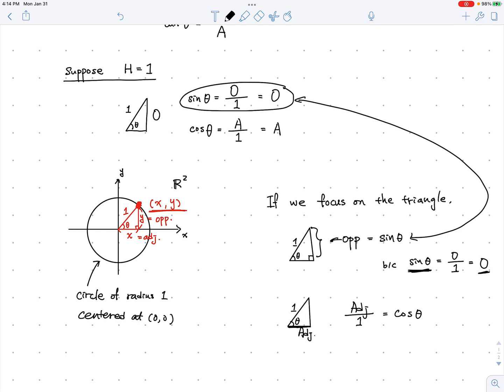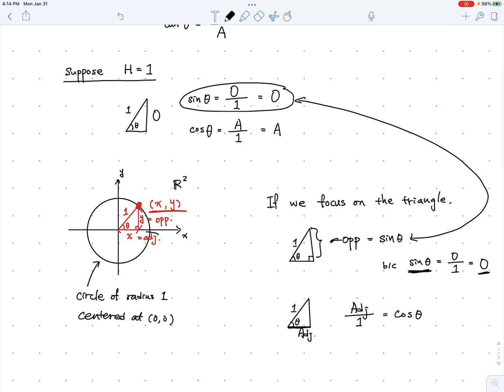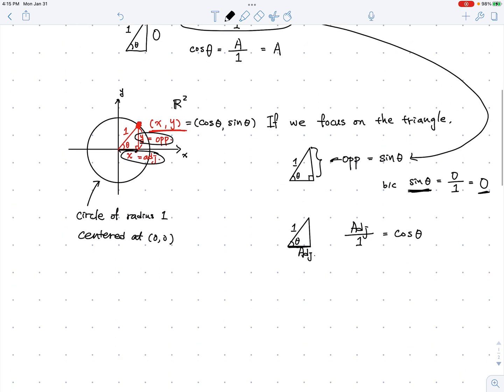So now if I put everything together, I realize that the x coordinate is the length of the adjacent, which is equal to cosine theta for a point on the unit circle, and the y coordinate is equal to the opposite, which is equal to sine theta.